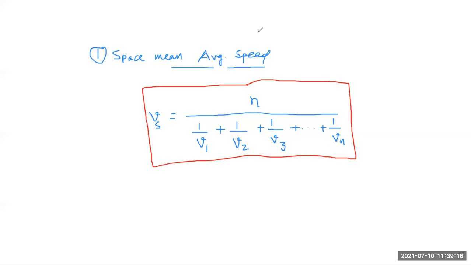Here n is the number of observations of individual vehicles.